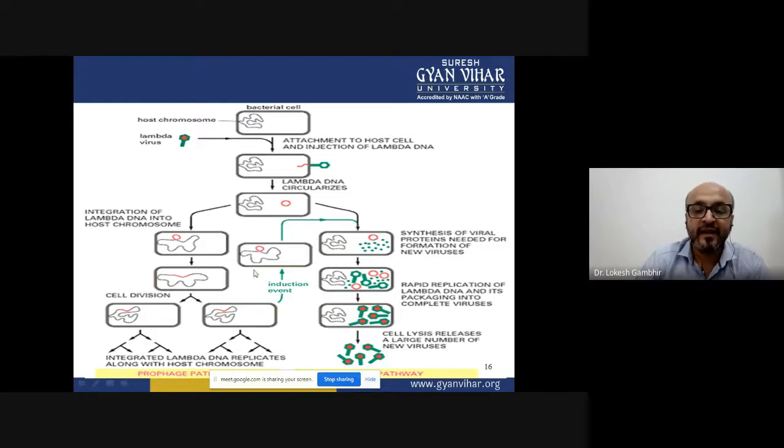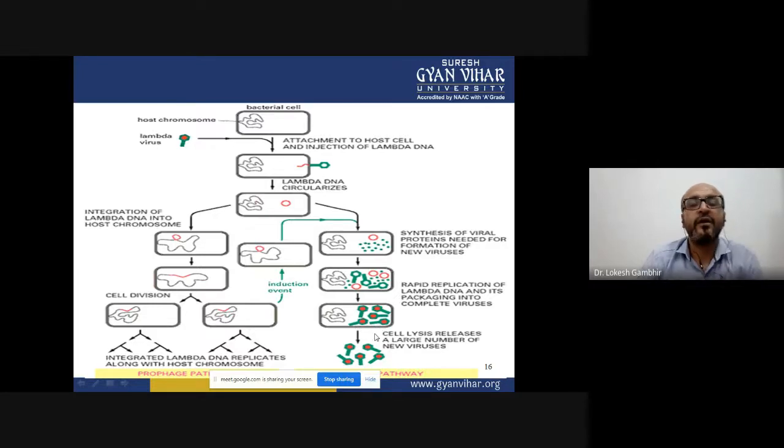It synthesizes proteins which will cause the replication of this circular double strand DNA, as well as the head protein, the neck protein, and the tail proteins which are required for the complete packaging. Those are formed, and then the packaging starts. And once the burst size is achieved, the cells get lysed, and the complete bacteriophages are released.